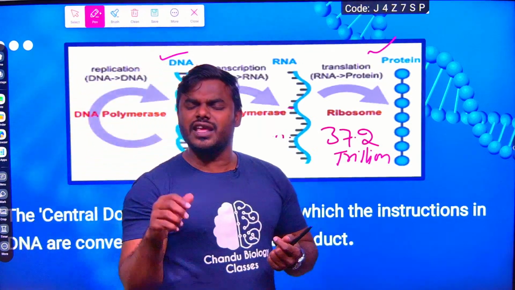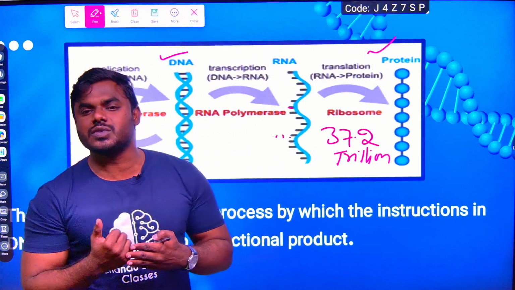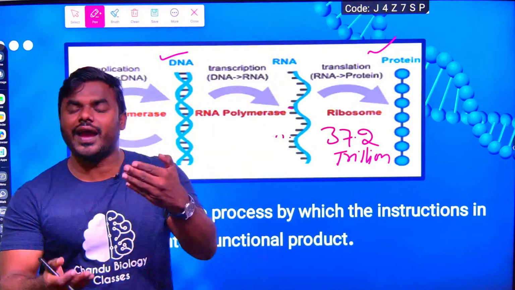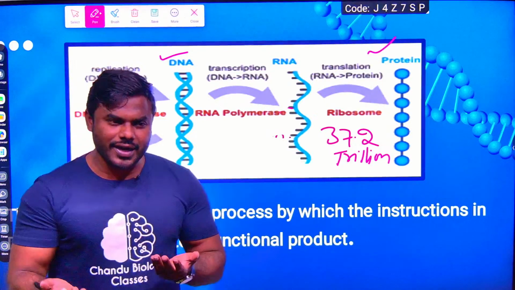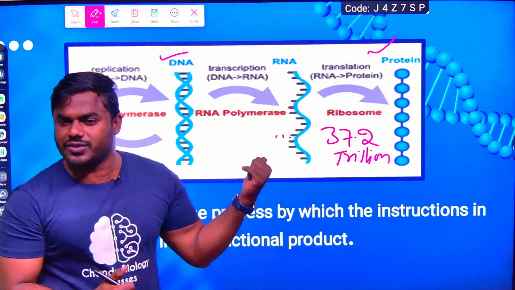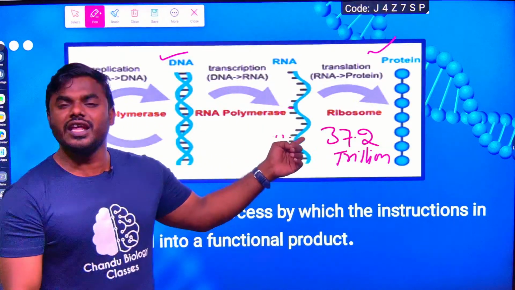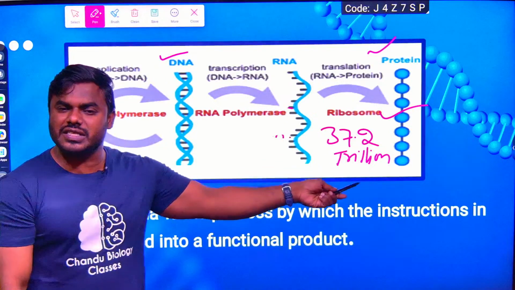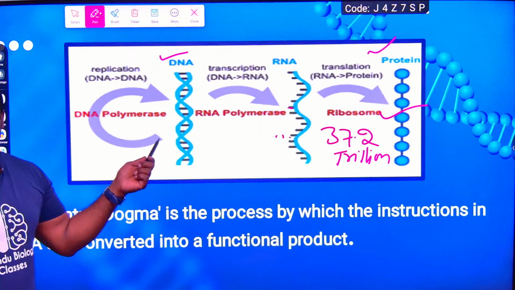Can you imagine any metabolic reactions without enzymes? No. Enzymes are what? Protein. Suppose if any antigen enters our body, what does the body start producing? Antibodies. What are antibodies? Proteinaceous in nature. Every single function performed by the living organism requires protein. That protein can be synthesized by what? DNA. That's the ultimate function of the DNA.